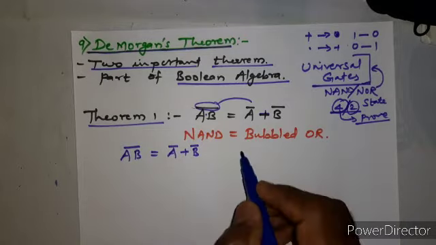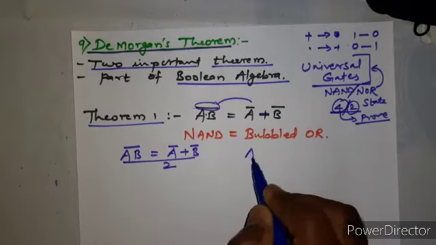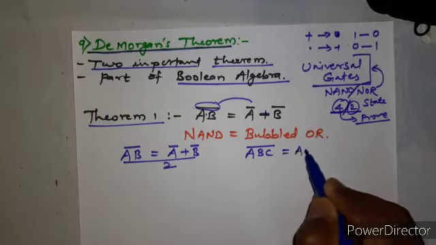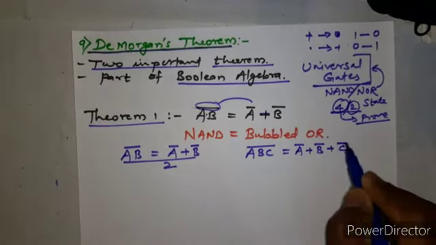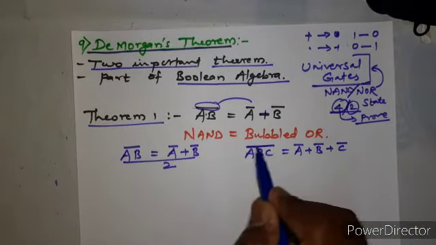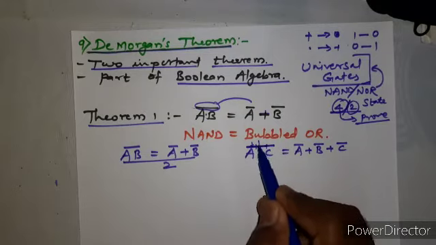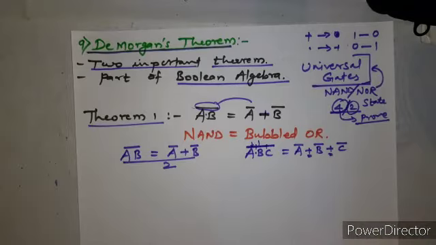This is for 2 variables. If 3 variables, we have A B C whole bar, I can say A bar plus B bar plus C bar. So the whole bar is broken down for its respective variables with the dot replaced by plus.